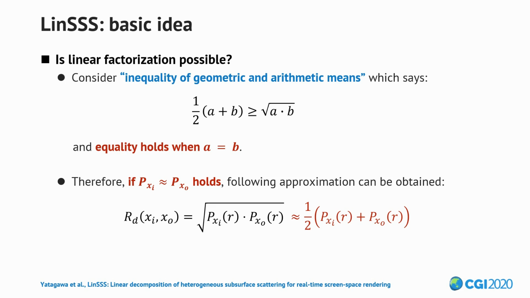Therefore, once two local scattering profiles at x sub I and x sub O are approximately the same, the square root in sub-edit can be decomposed into a simple arithmetic average of the profiles. And we found that two profiles at two different positions can be approximately the same when the target heterogeneous material satisfies two conditions.